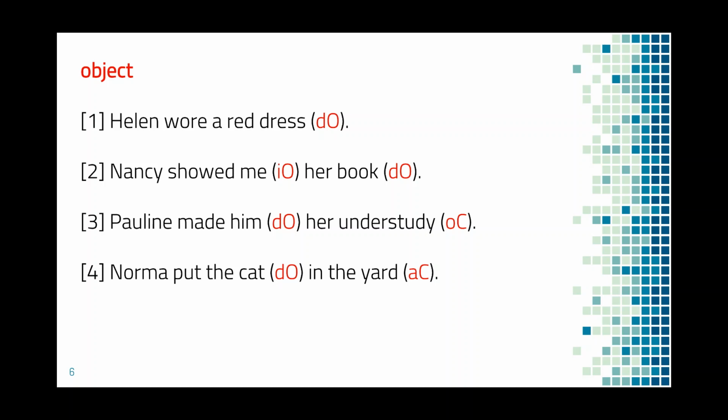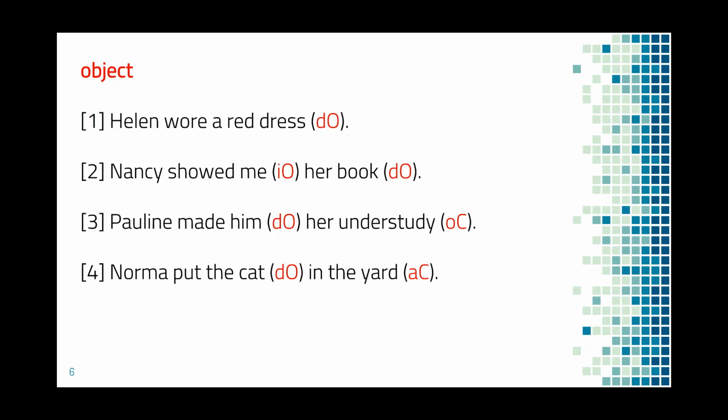Helen wore a red dress. Now, a red dress is a direct object, and it is required because of the main verb, which is wore. Therefore, the direct object is a required element in this sentence.